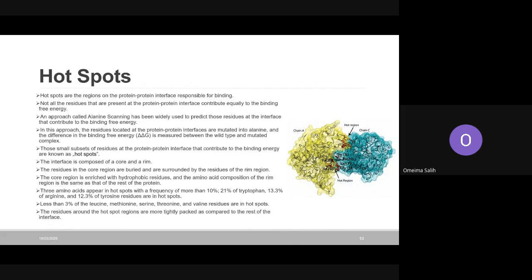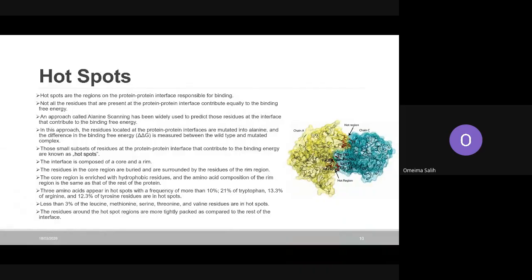To study this, or to note which residues are taking part in the binding, there is a procedure called alanine scanning. As you know, alanine is an amino acid. It's a non-essential amino acid, but it's called an inert amino acid. That means it doesn't go into any reactions. It has a methyl group as its R side chain.